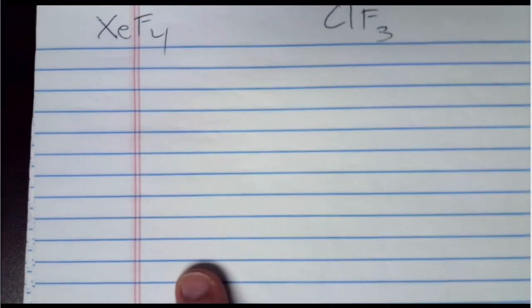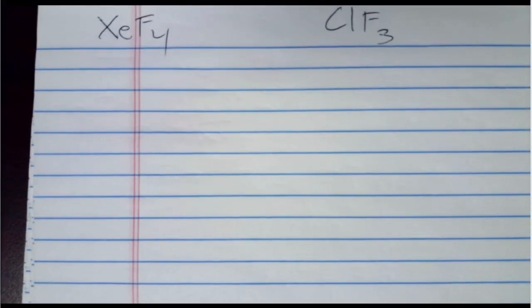It must be tetrahedral. Chlorine trifluoride has 3 things coming off the chlorine. It must be trigonal planar. But that isn't always the case. Don't just assume. You have to check.